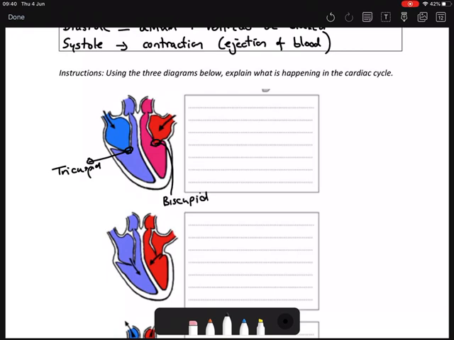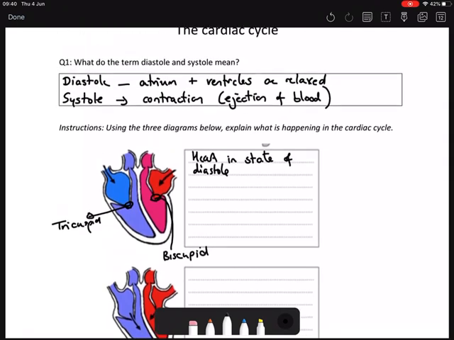So the heart is currently in a state of diastole. Both atrium and the ventricle are relaxed, and this is to allow blood to flow into the heart.